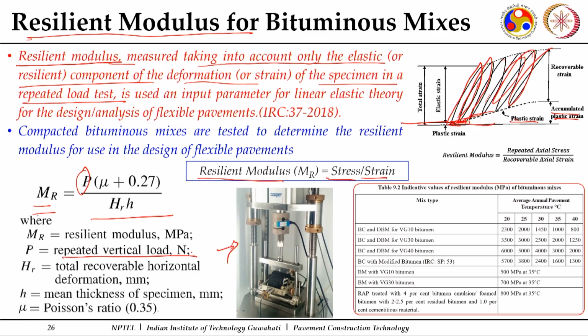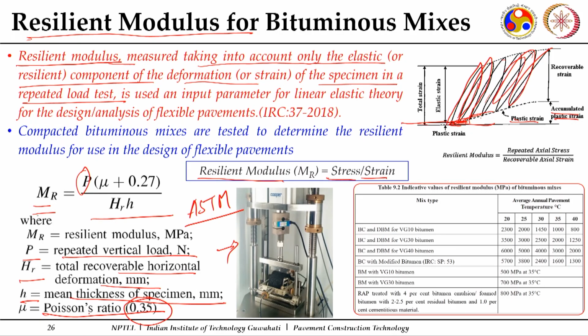P is the repeated vertical load, and what amount of load has to be given and what parameters have to be checked are all as per the IS codal provisions, as well as the ASTM codal provisions to conduct the resilient modulus test. P is the repeated vertical load, and delta H is the total recoverable horizontal deformation. This is the resilient strain which we are going to monitor. H is the mean dimension of the specimen, and mu is the Poisson's ratio, which is the ratio of lateral strain to longitudinal strain. For most of the cases this is taken as 0.35.